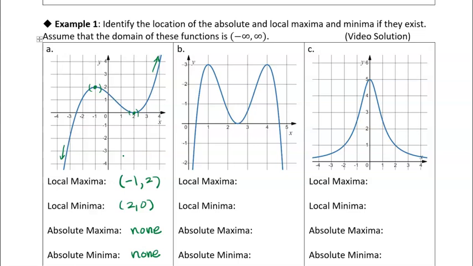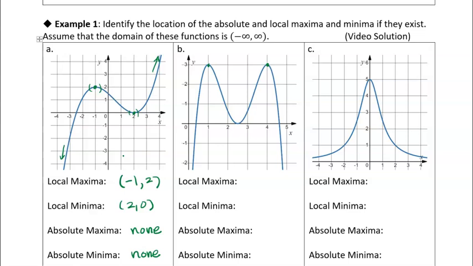Again, we have a function that's defined on an open interval from negative infinity to infinity, and it looks like we have a couple of local maxima, right? Because you can see at these points here, the function increases until it doesn't, and then it starts decreasing.